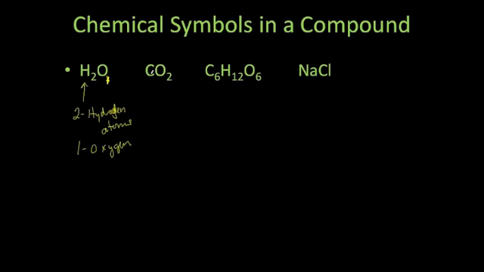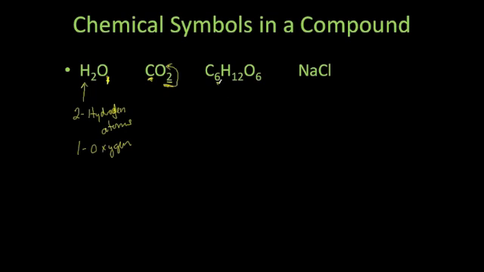And this is CO2: 1 carbon and 2 oxygen atoms, the subscript again indicating the element that it's following. Now this one looks a little crazy. This is C6H12O6, which, like we said, is glucose.